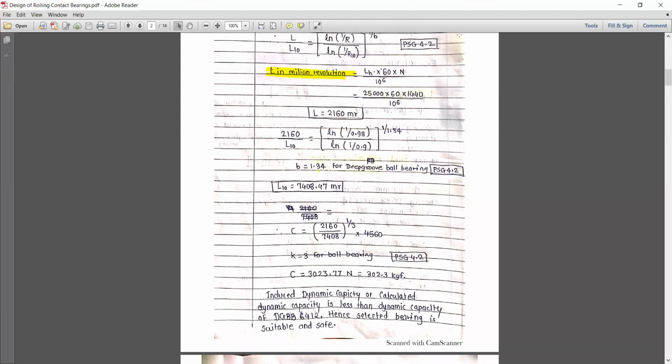I hope you understand the whole design procedure. It is quite simple. Whatever the complications, we will discuss in further lectures. It will give you the idea how we can find out the bearings as the reliability changes or as the type of load changes.